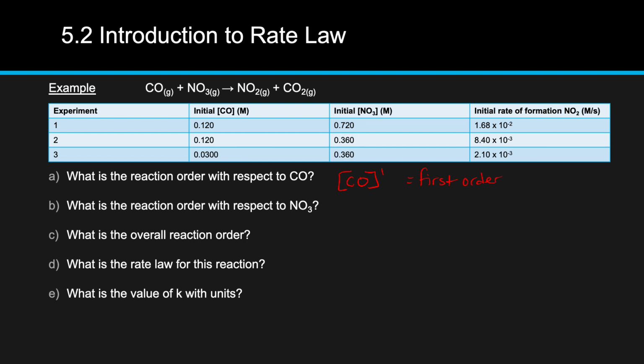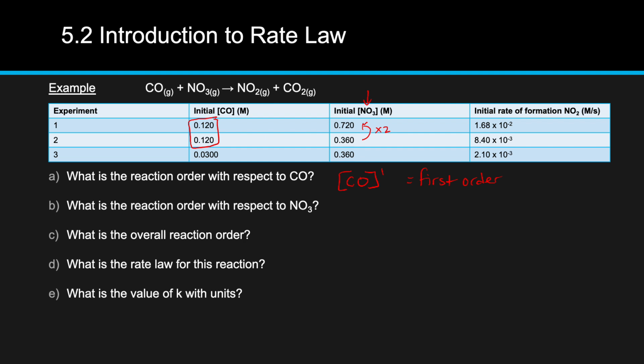So B asks, what is the reaction order with respect to NO3? So if we're trying to figure out NO3, we want to look at where CO is constant. And CO is constant between experiments 1 and 2. So from experiment 2 to 1, our concentration of NO3 is going to be doubling or multiplying by 2.